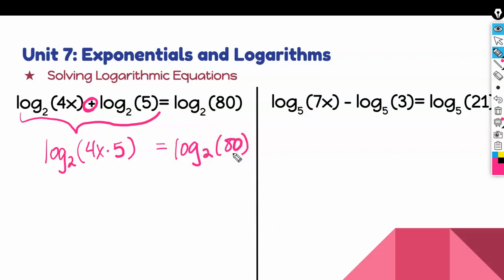Now what do they have that's the same on both sides? A log base 2. If they're both the same, I can get rid of them. So now I've got 4x times 5 equals 80. 4x times 5 is 20x.